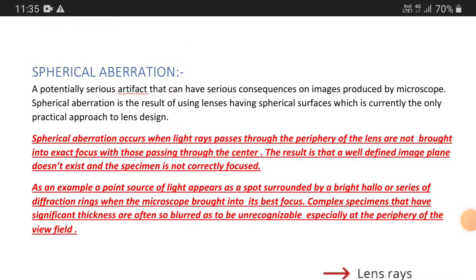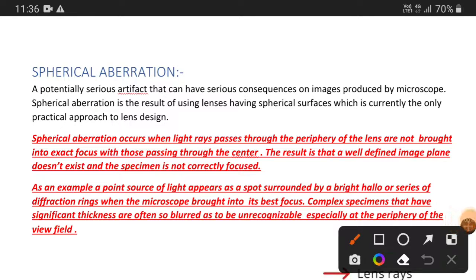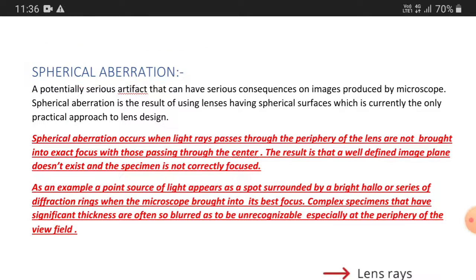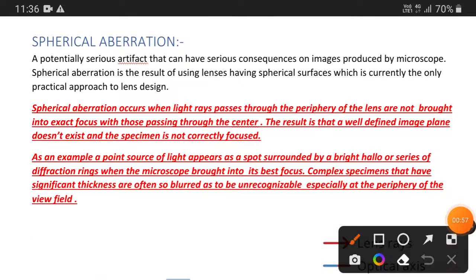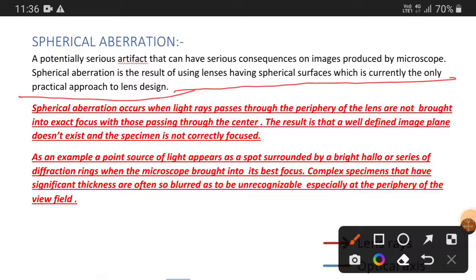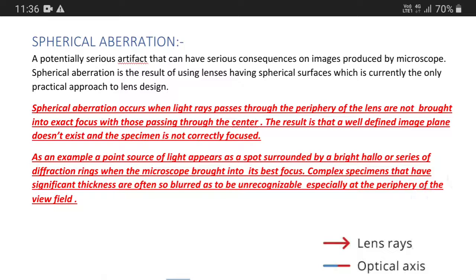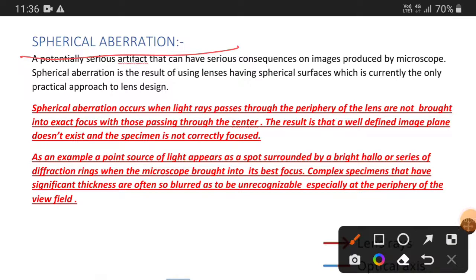Remember, in the previous video I told you that a lens is a transparent refracting medium made up of two surfaces, one of which must be spherical, right? And the use of a spherical surface during the construction of the lens creates spherical aberration, although we use spherical surfaces to construct lenses in most cases. So the idea is that spherical aberration is mainly due to the spherical surface of the lens, and it is also applicable to monochromatic light.